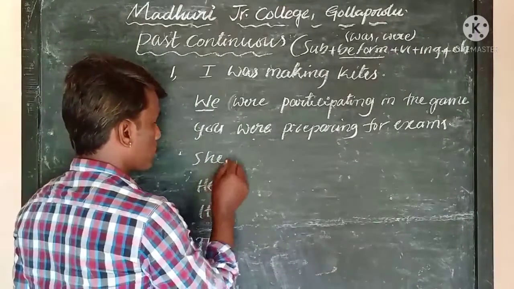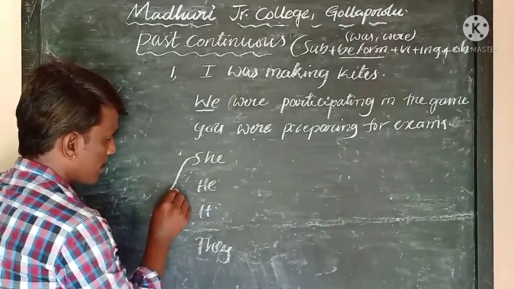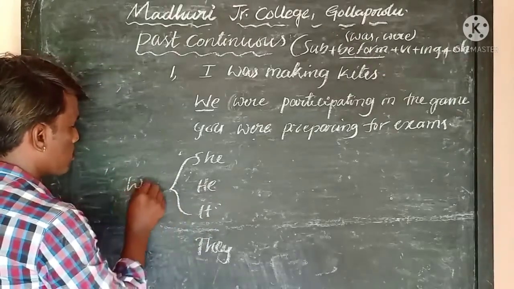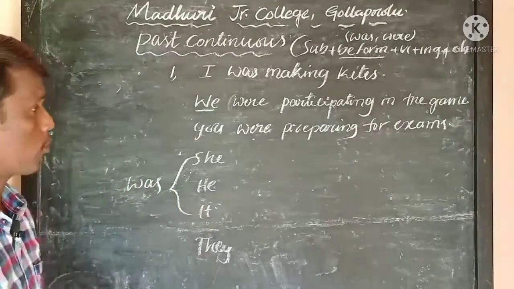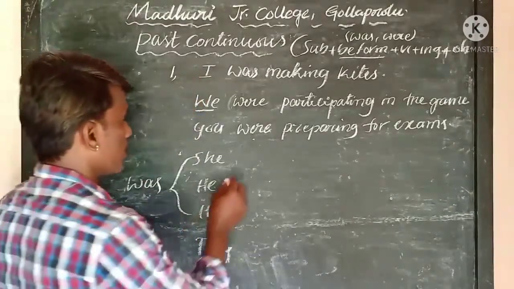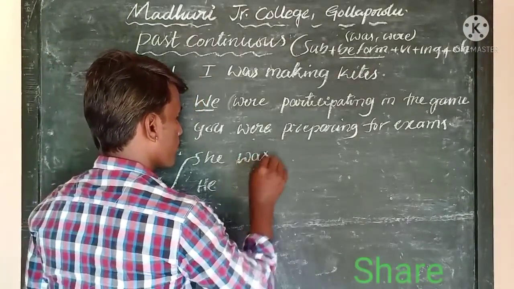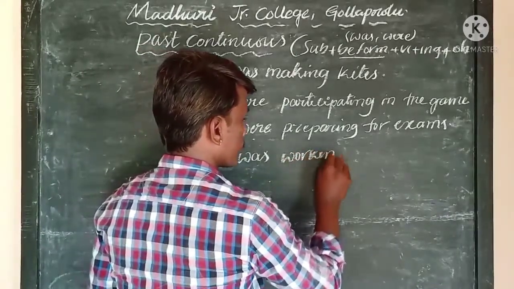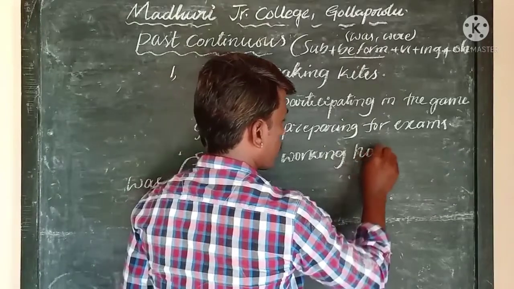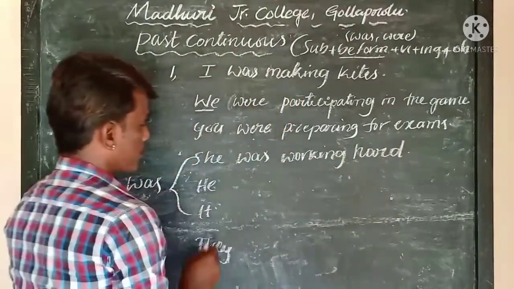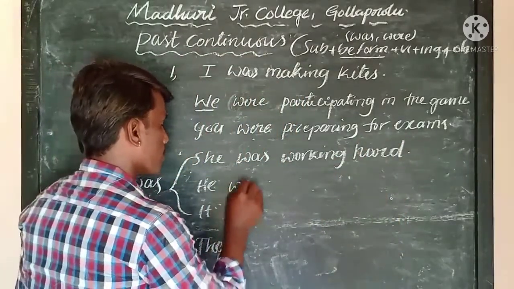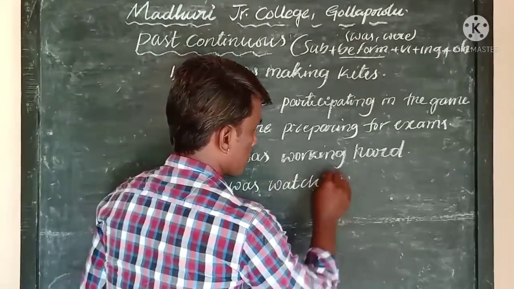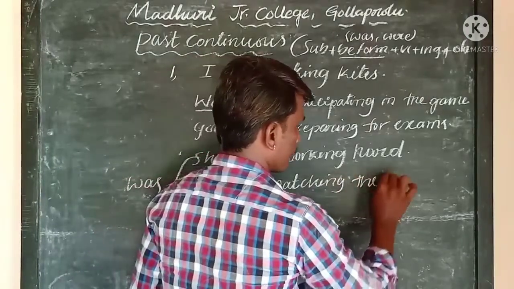And here, see, when it comes to she, he and it, these are the third person singular. In the past tense you should use was for all these three pronouns along with I also. So here, see, she was working hard. So that is the past continuous tense. And he was watching the movie.